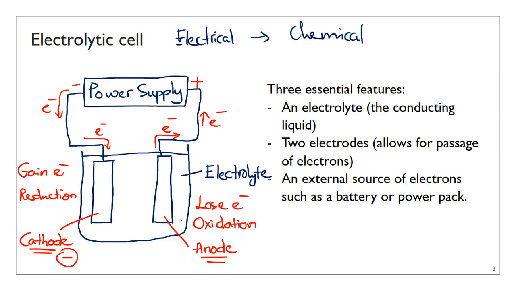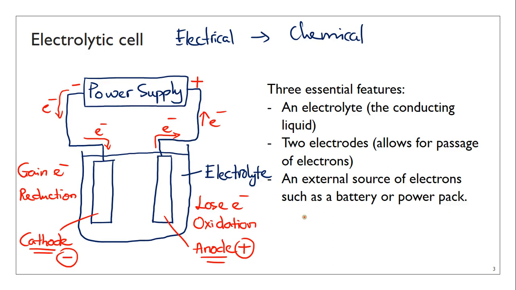And because the anode is connected to the positive terminal of the power supply, the anode is going to be positive. So hopefully you can already tell that the polarities of the two electrodes in an electrolytic cell is the opposite of what it looks like in a galvanic cell. The cathode is negative in this case, and the anode is positive. And the reason for that is because these electrodes are being connected to an external power supply.